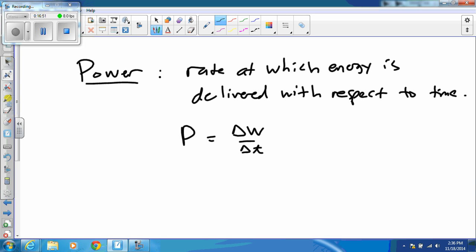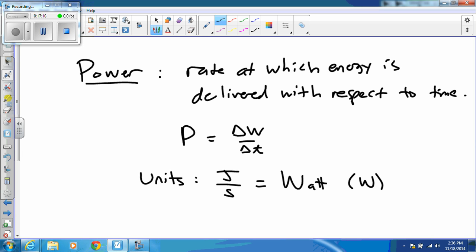Now, if we think about the units here, the units are measured in joules per second, right? Energy over time. 1 joule per second is the same as a watt, or the abbreviation W. A Newton meter per second.